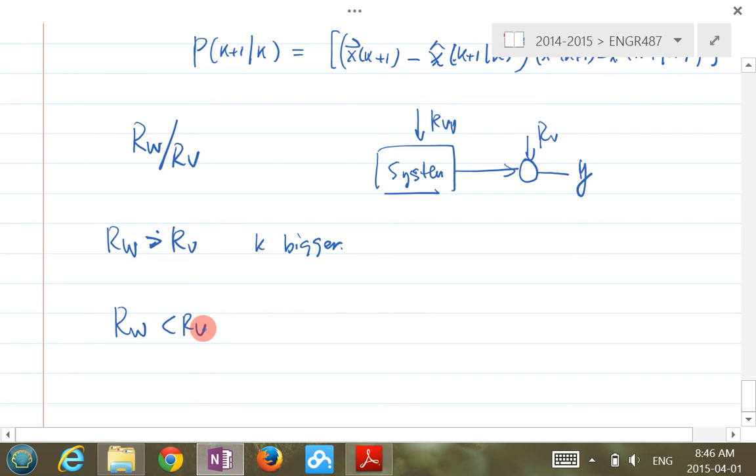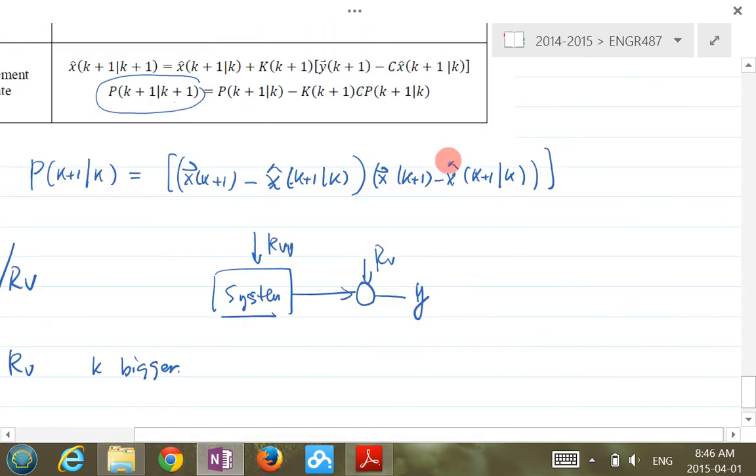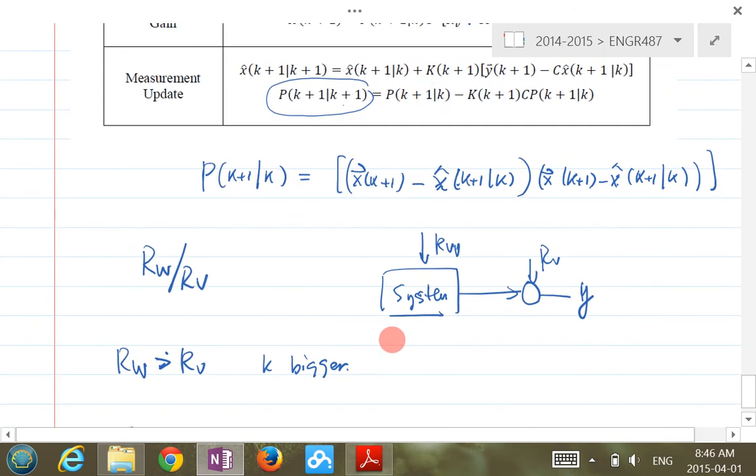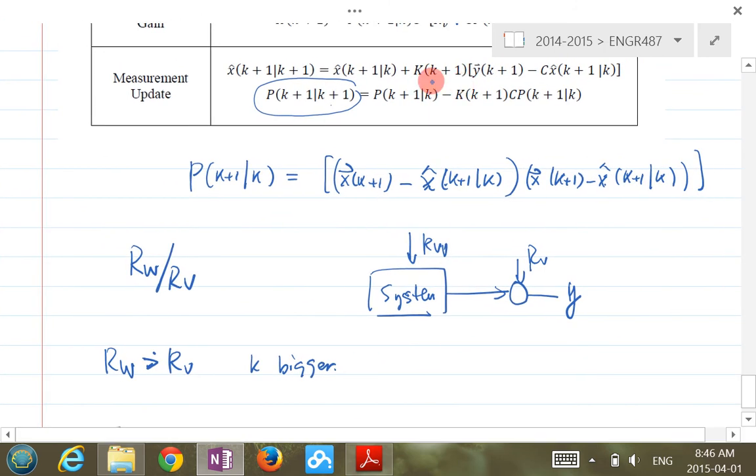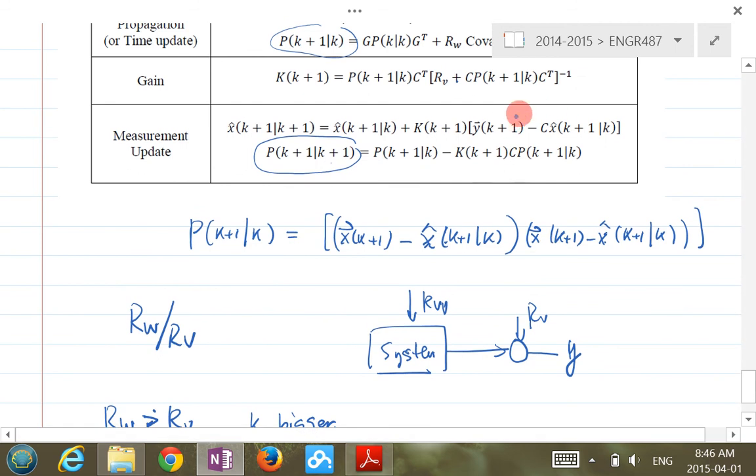You wouldn't use that information as much anymore, which means you wouldn't use a bigger K here, because if it's a bigger K and the sensor is so noisy, all it does is amplify the noise. It's not doing any good. That's basically the idea.